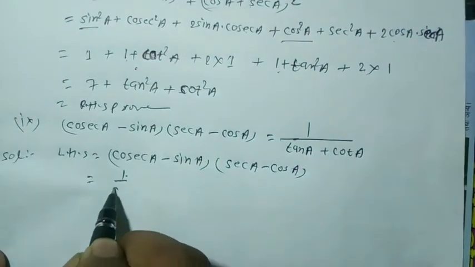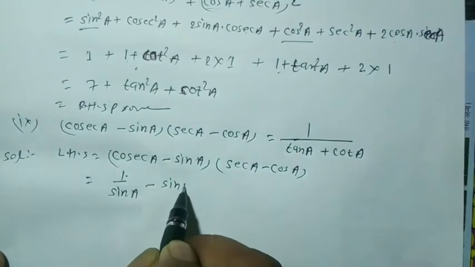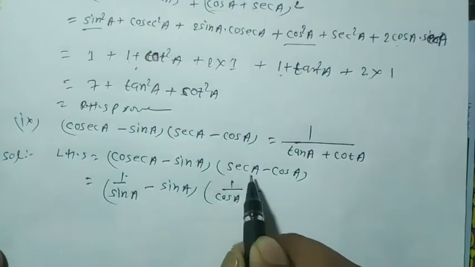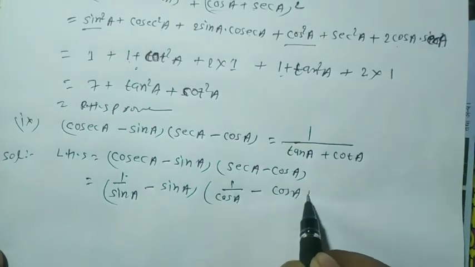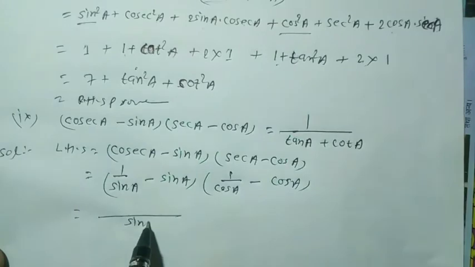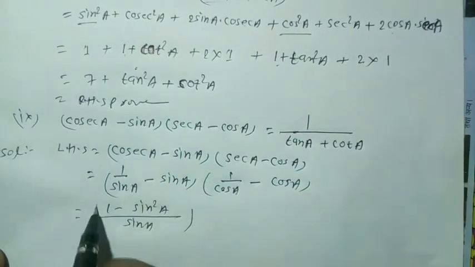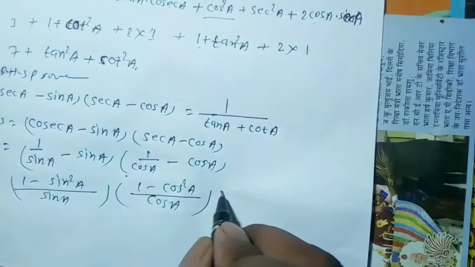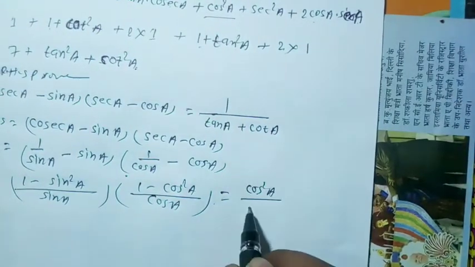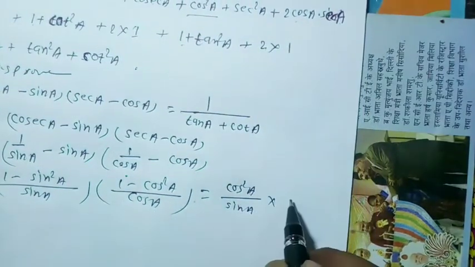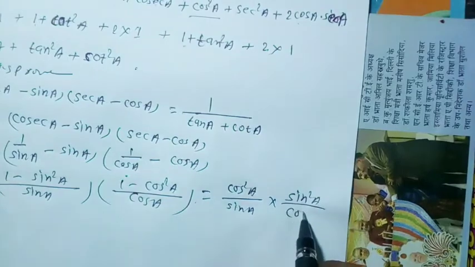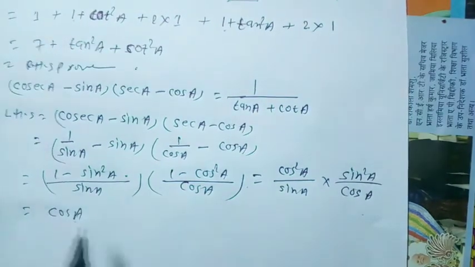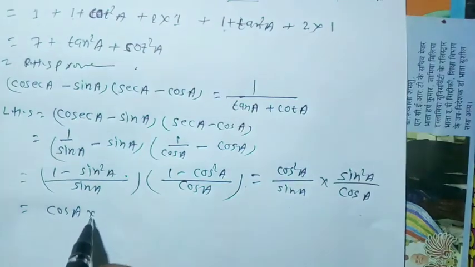Now we write cosec A = 1/sin A, so 1/sin A − sin A, and sec A = 1/cos A, so 1/cos A − cos A. LCM is sin A, so (1 − sin² A)/sin A, and LCM cos A, so (1 − cos² A)/cos A. 1 − sin² A = cos² A, so cos² A/sin A into sin² A/cos A. cos² A divided by cos A gives cos A, and sin² A divided by sin A gives sin A.